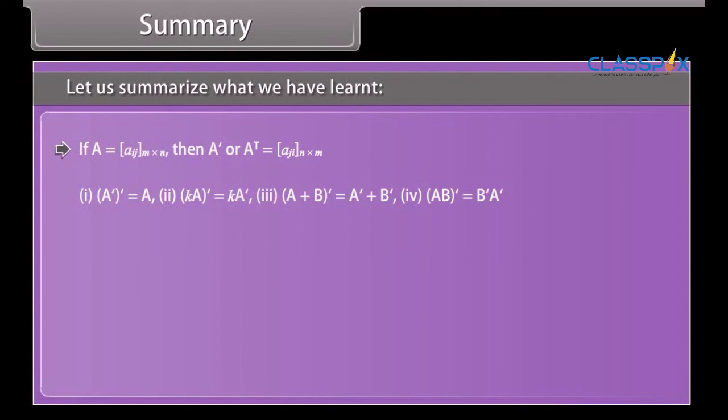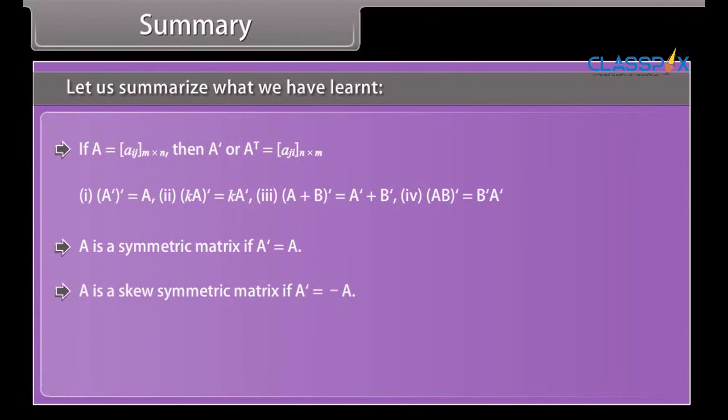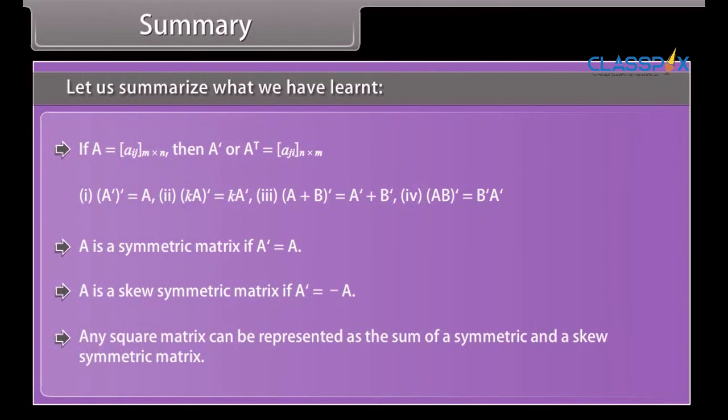Transpose of matrix AB is equal to transpose of matrix B into transpose of matrix A. A is a symmetric matrix if A dash is equal to A. A is a skew symmetric matrix if A dash is equal to minus A. Any square matrix can be represented as the sum of a symmetric and a skew symmetric matrix.